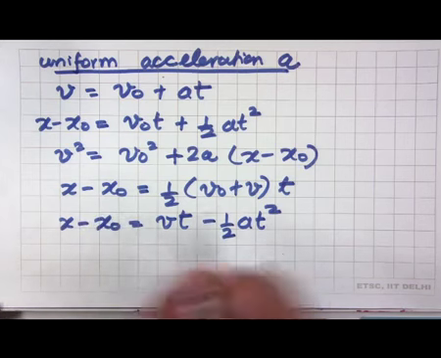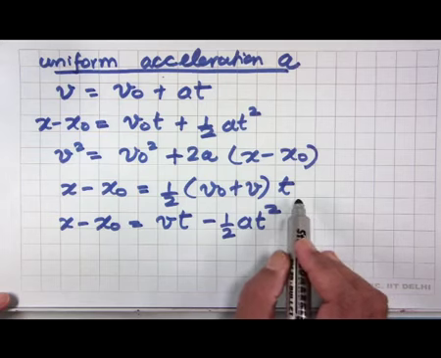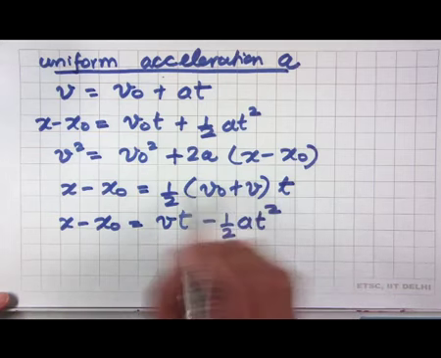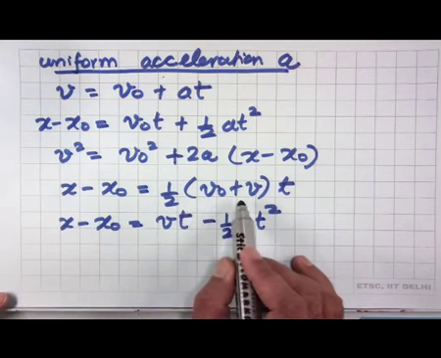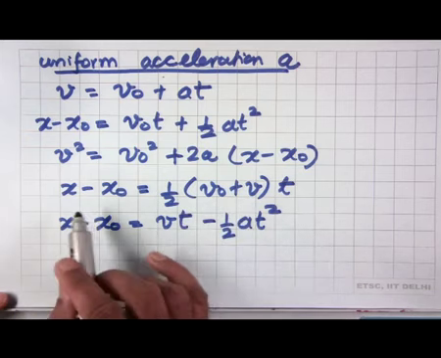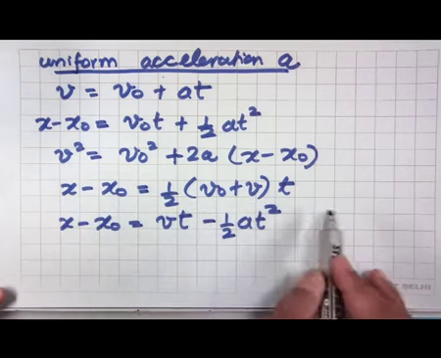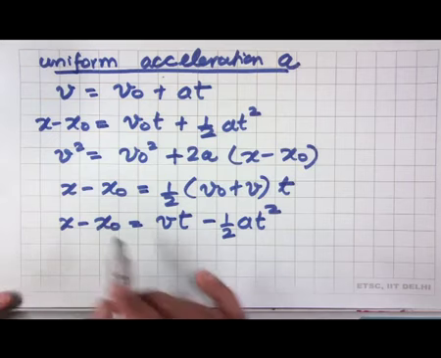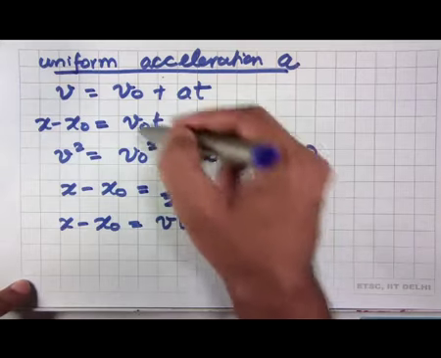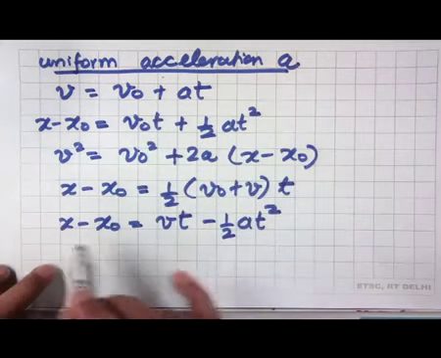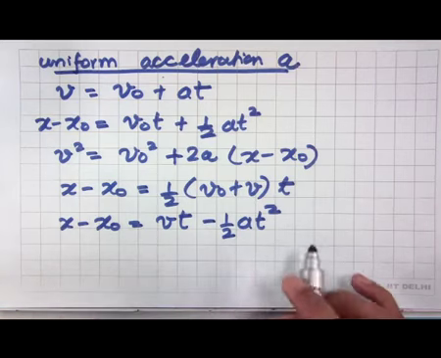If we know the initial velocity, the final velocity and the time taken, then the average velocity, because the acceleration is uniform, can be given as half of v0 plus v, and therefore the distance travelled will be half times v0 plus v times t. And similarly, if we know the distance and the final velocity, but do not know the initial velocity, then the relation takes the form x minus x0 is equal to vt minus half a t square.